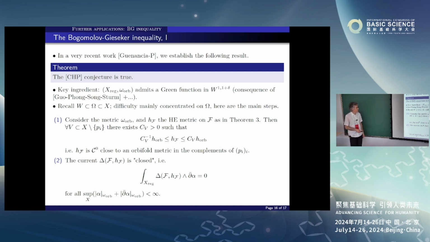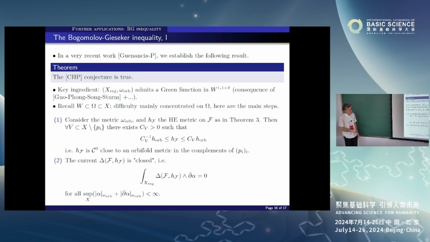So here this integral makes perfect sense. On X regular, HF is smooth, but then of course this is not a closed space. So like I said, this follows from this inequality plus a few other things.